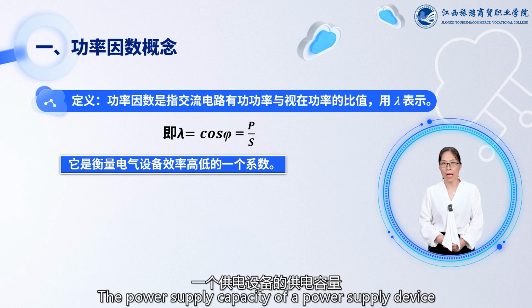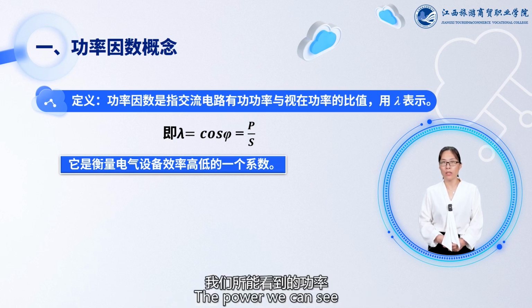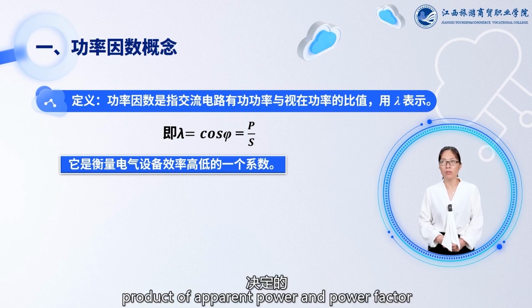The power supply capacity of a power supply device is usually expressed in terms of apparent power. Literally, the power we can see is apparent power, but not real power. Its real power is determined by the product of apparent power and power factor.